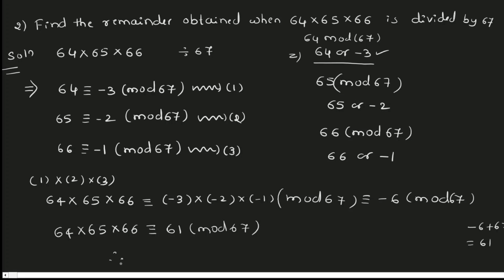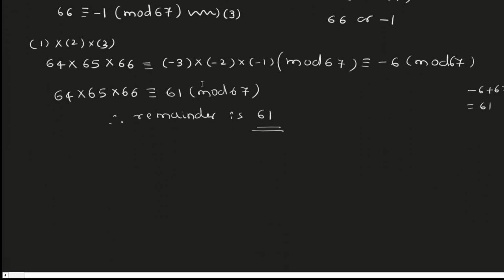Then what did they ask? They asked you to find the remainder. So the remainder is 61. I hope you have understood this. In this, all numbers are less than your divisor.